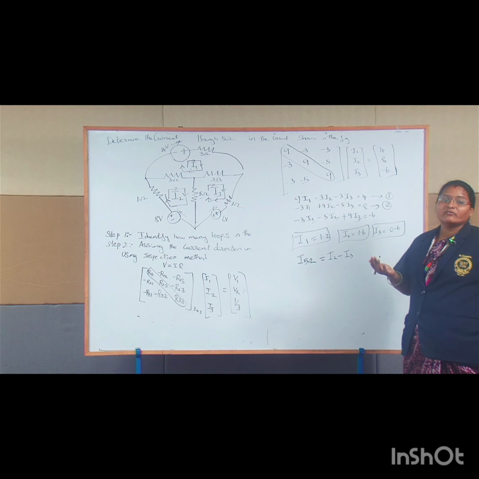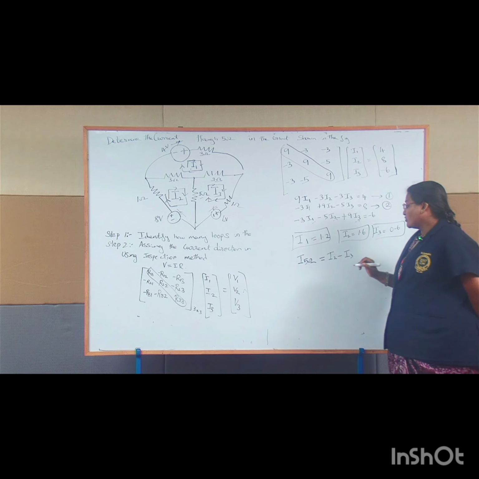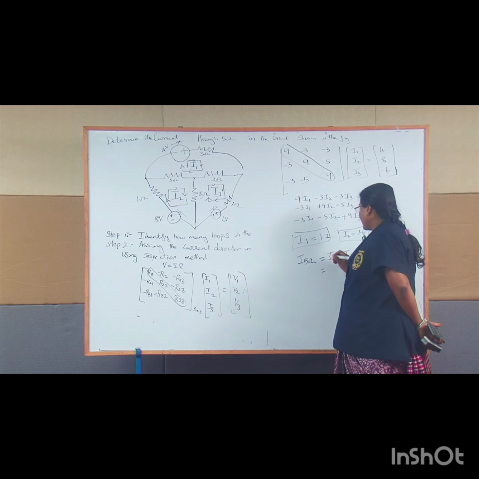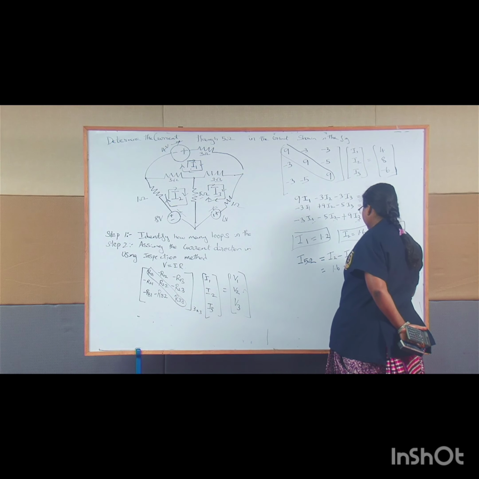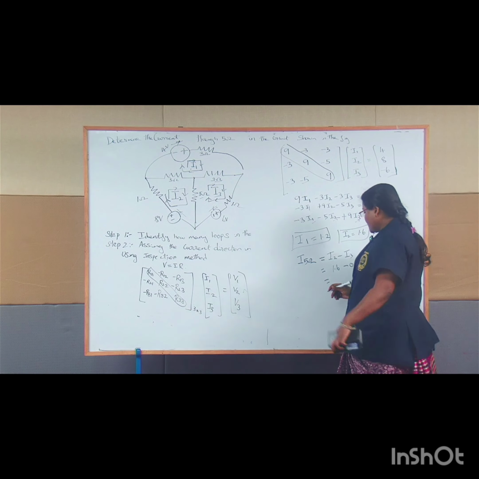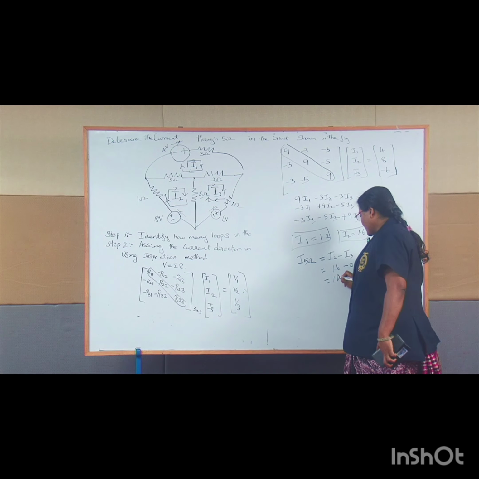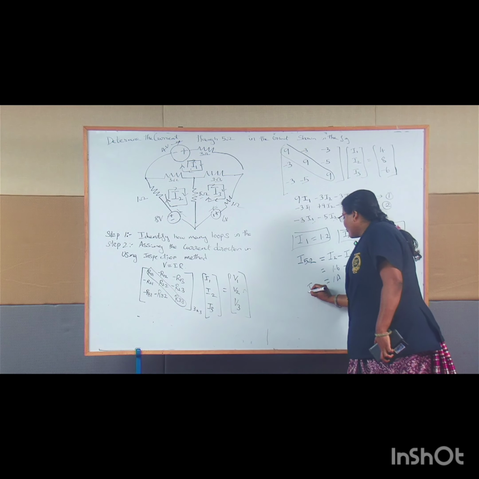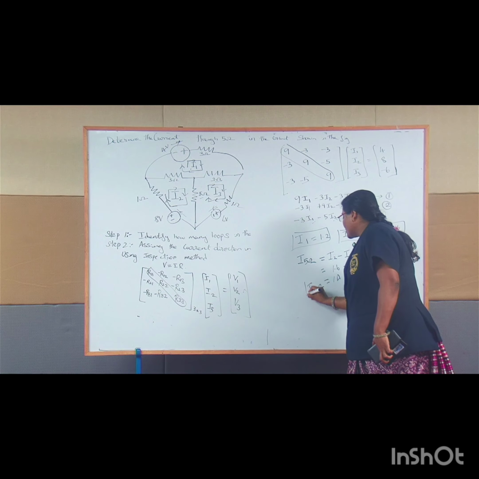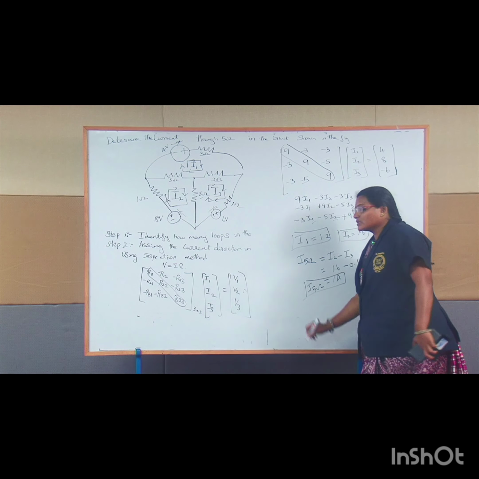Only the sign will differ, the magnitudes are the same. So I2 is 1.6, I3 is 0.6. So 1.6 minus 0.6, you'll be getting 1 amp. So I5 ohms equals 1 amp.